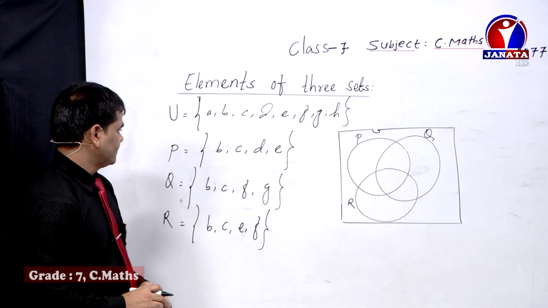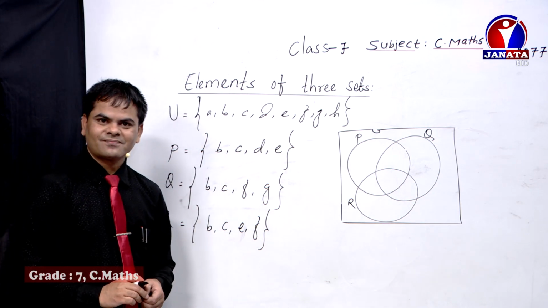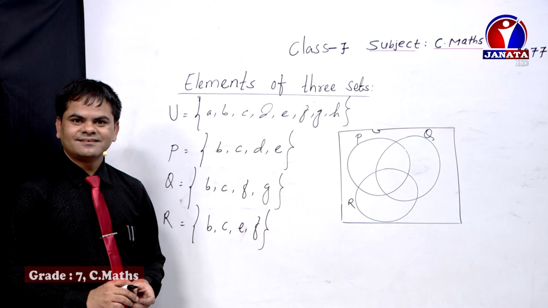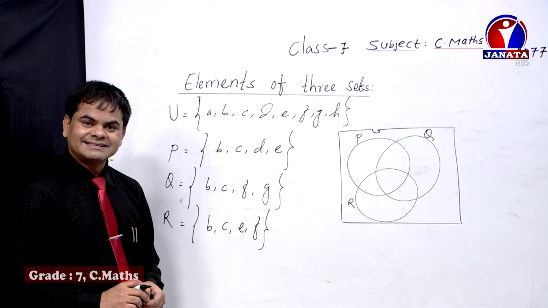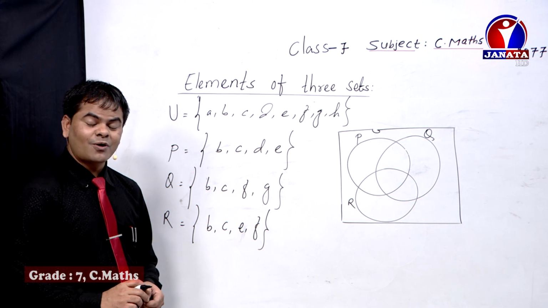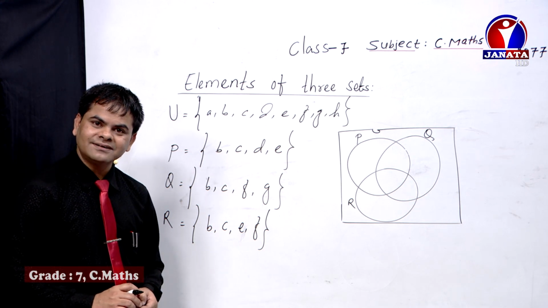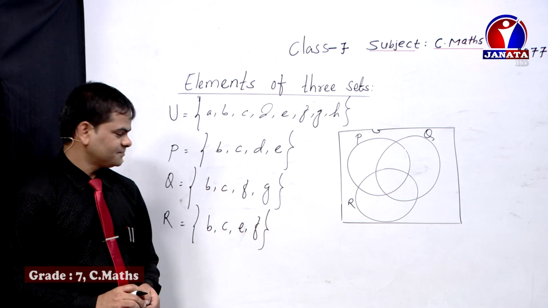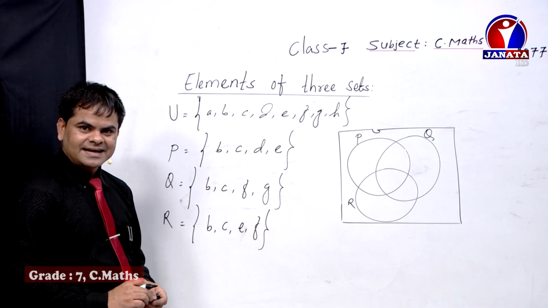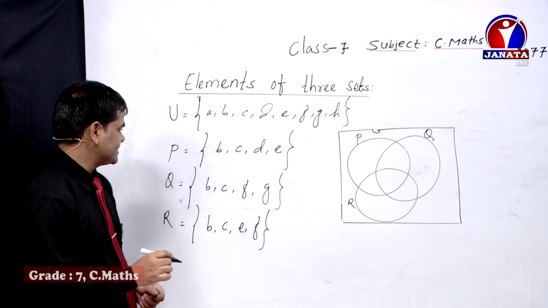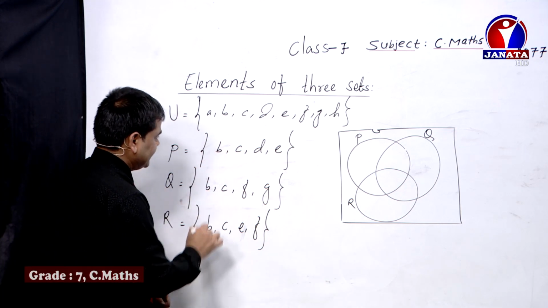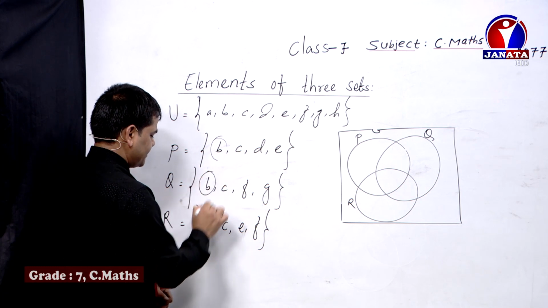Now, first of all, what do we have to do? We need to see the common elements among the 3 sets, and we should plot them at the common area of all the 3 sets. So, which are common, dear students? Tick them, dear students. You can round off or you can tick those elements. B, if you see, B is in here, B is in here, here also.